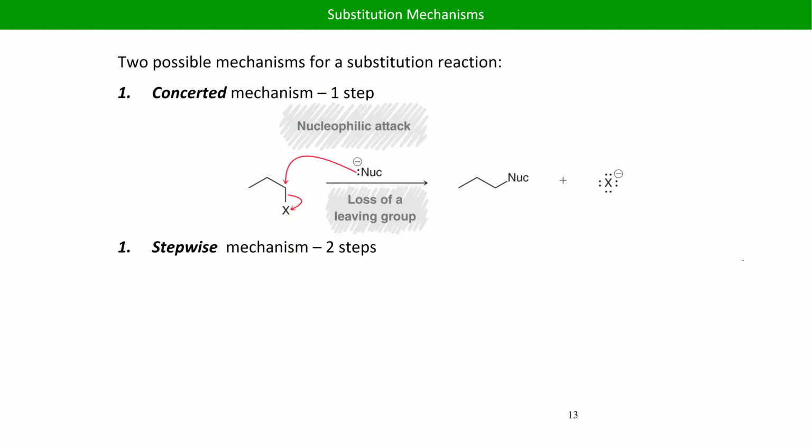So if these happened in two steps, it still has to have a nucleophilic attack and still has to have loss of a leaving group. Which step has to happen first? Does the leaving group have to leave first to make space for the nucleophile? Bingo.